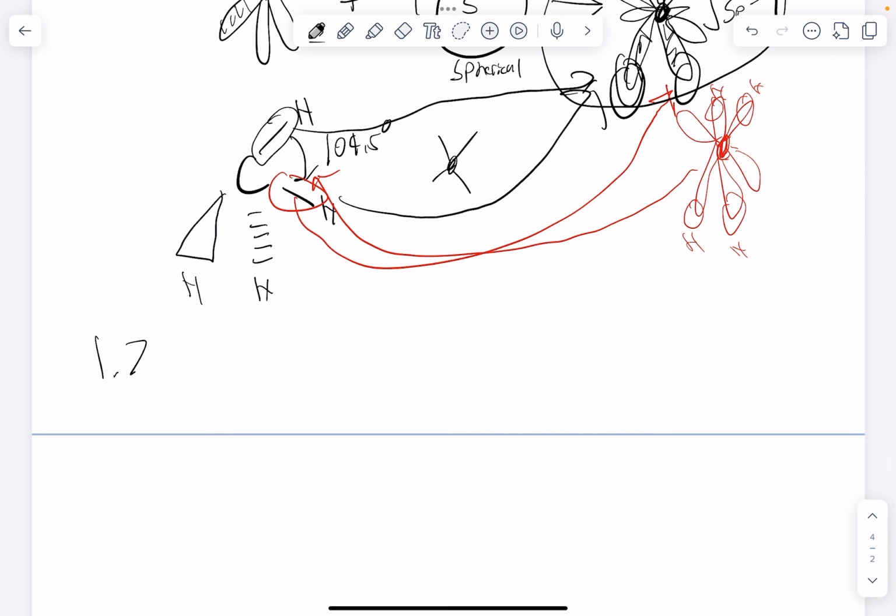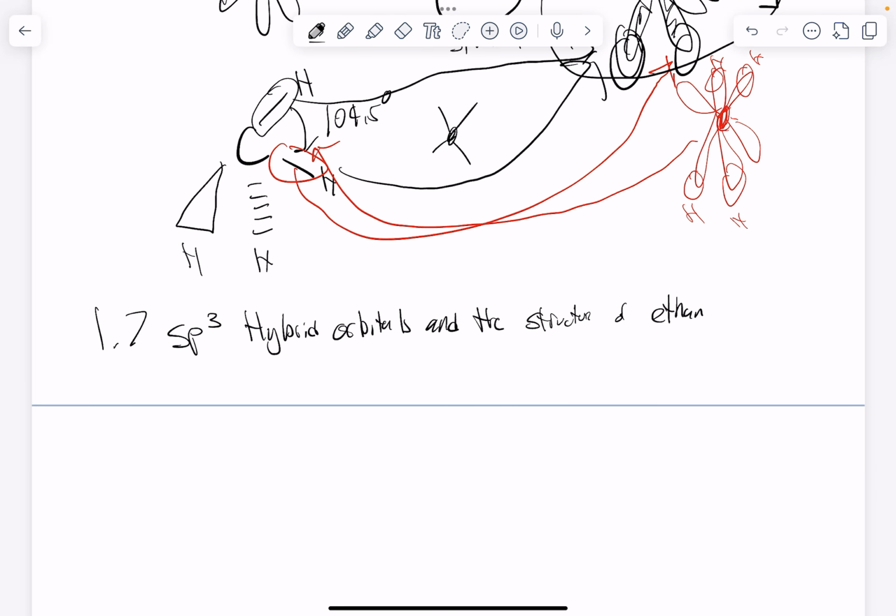Let's go to chapter 1, section 7. So let's talk about the sp3 hybrid orbitals and the structure of ethane. And here we're going to be talking a little bit about sigma bonds and pi bonds. Okay, so ethane.